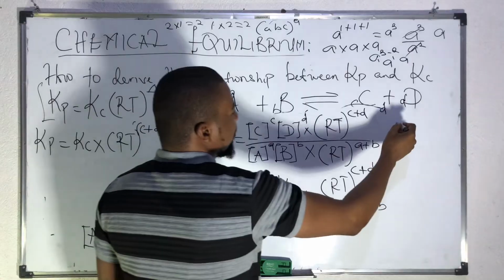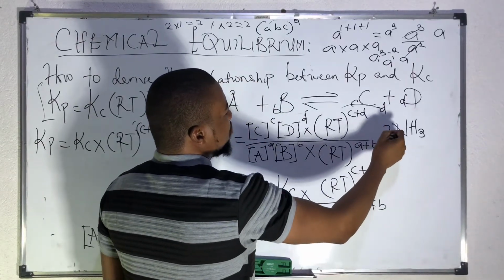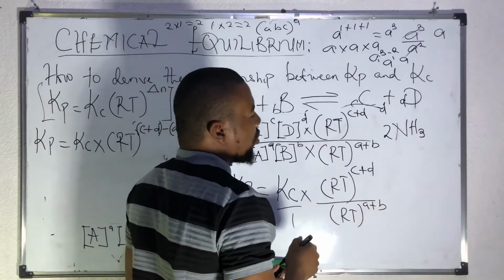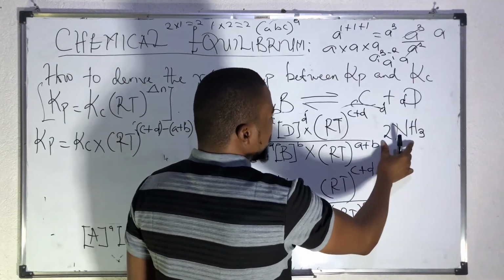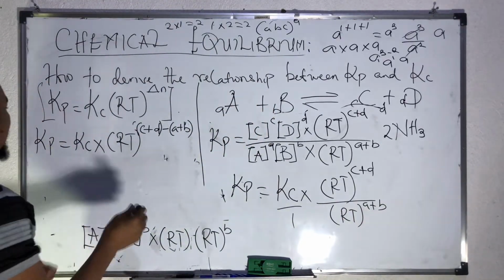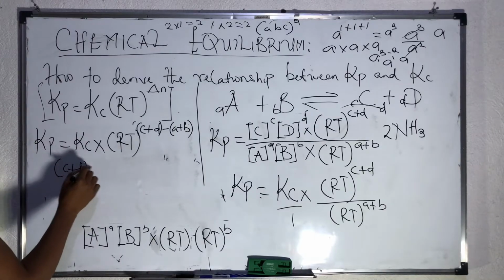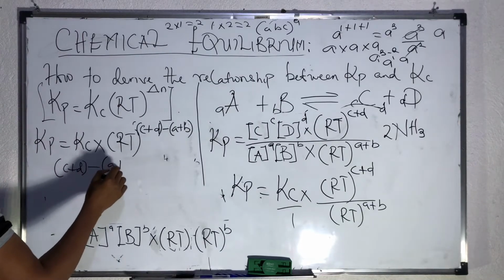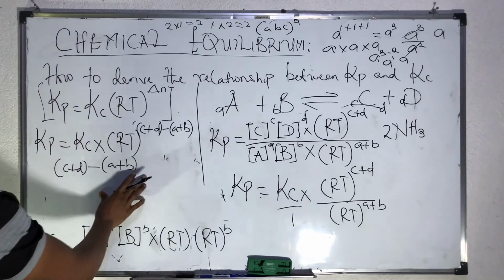Just like you have NH3, if you have 2 moles of NH3, this stoichiometric coefficient simply means that NH3 has 2 moles. Now, C plus D minus A plus B simply refers to change.